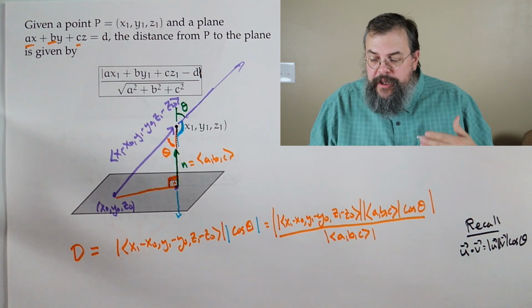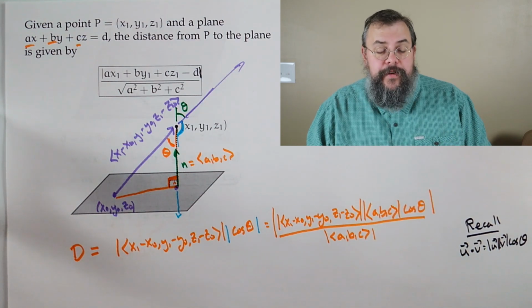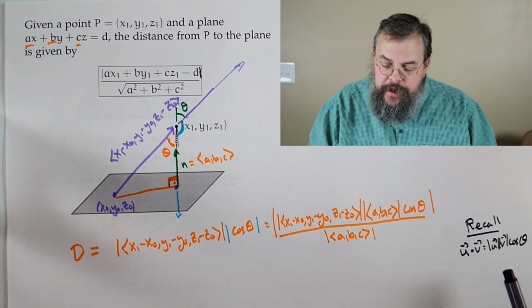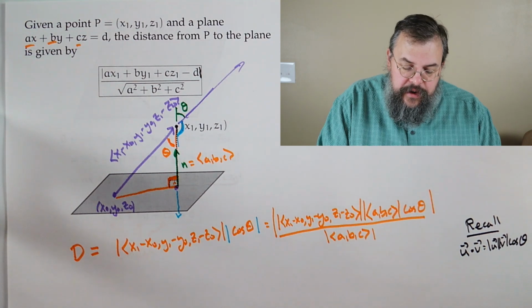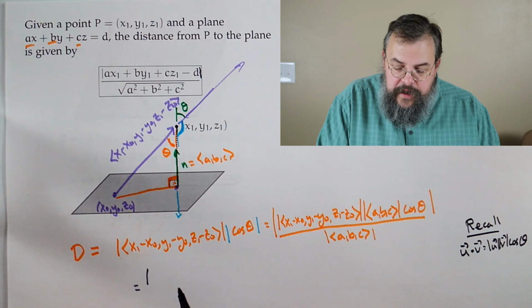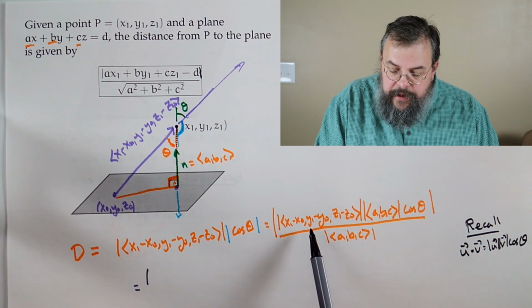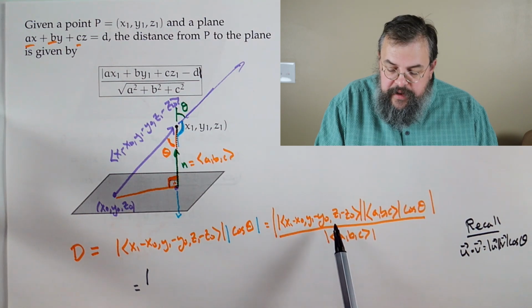So now our big thing is to figure out, okay, how do we simplify the numerator? To do that, we say we know it's a dot product. So this is equal to the absolute value of the dot product of a, b, c with x1 minus x naught, y1 minus y naught, z1 minus z naught.